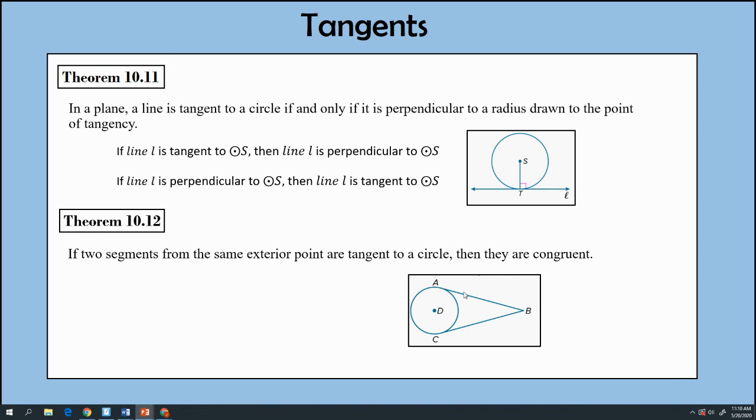We're saying that BA is tangent to the circle, and BC is tangent to the circle. C and A are the points of tangency for each of those. Therefore, we know AB and CB have to be the same length. So if AB and CB are tangent and B is on the exterior, then AB and CB are congruent to each other. That's a real simple one to use.